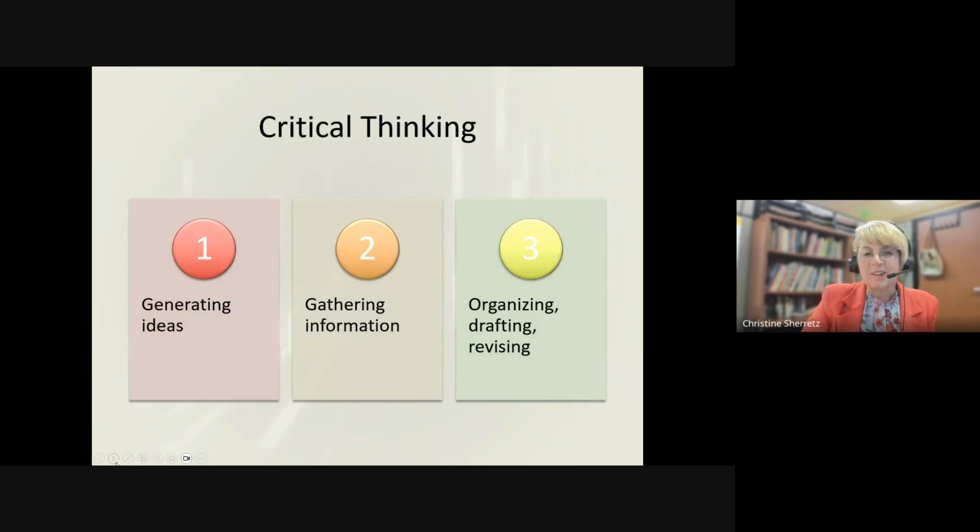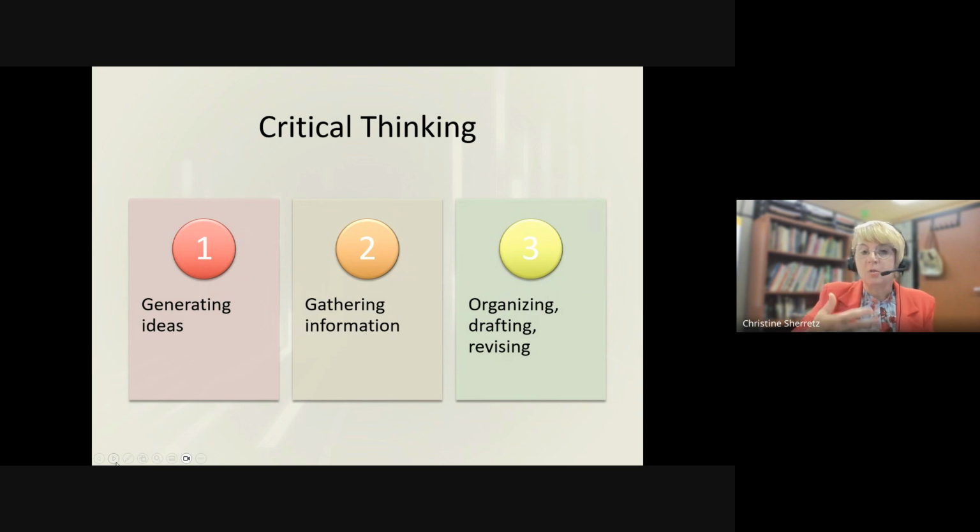First, we have critical thinking. When you are teaching writing with critical thinking, that involves the idea of generating ideas. I would encourage all of you to look at the writing standards for the state wherever you're at, or the country. I know we have people from other countries. Almost all writing curriculum and standards say that kids need to go through the writing process. They need to be able to generate ideas.